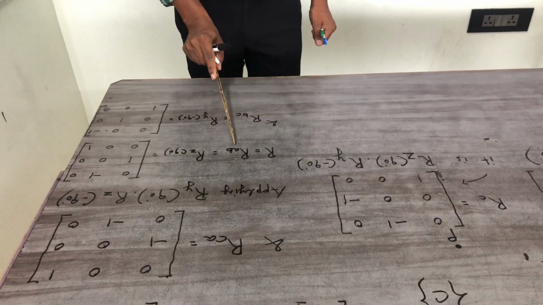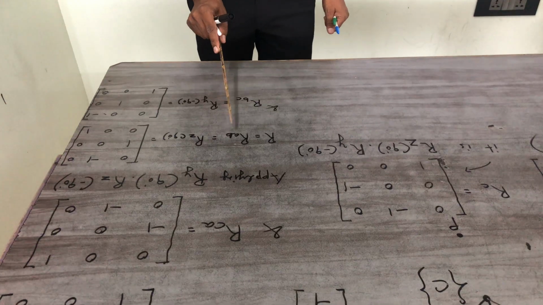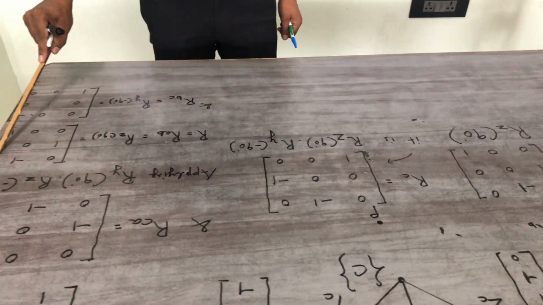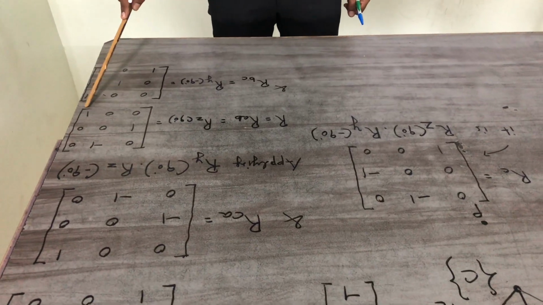Now RAB is the orientation of B with respect to A. It is RZ90, or 0, minus 1, 0, 1, 0, 0, 0, 0, 1.